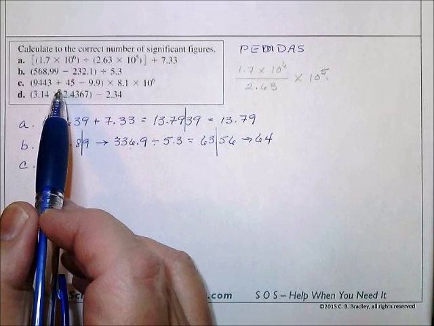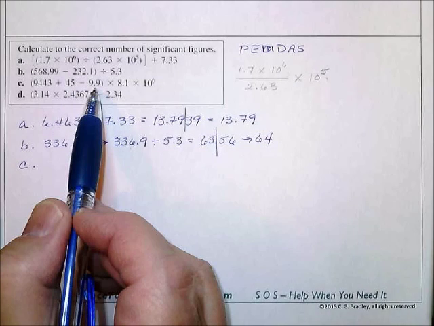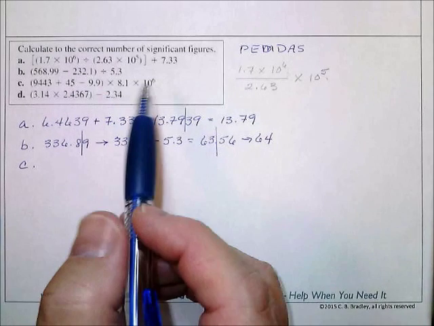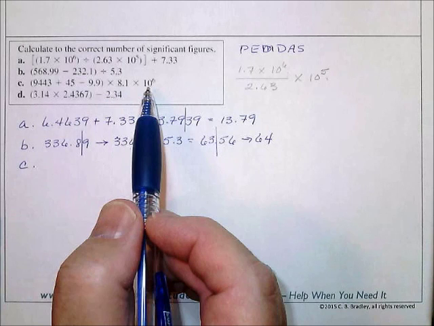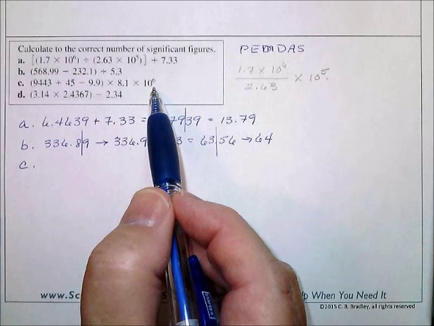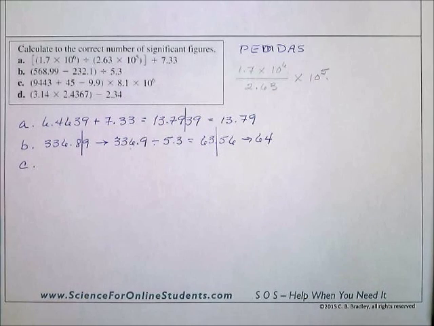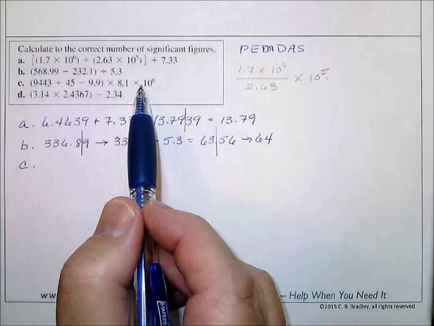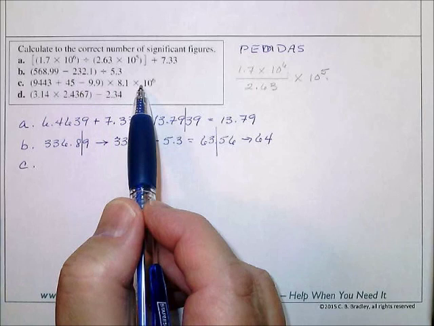94.43 plus 45 minus 9.9. Then multiply by 8.1 times 10 to the 6th. This is in basic notation. And in your graphing calculator, because this is all multiplications, we don't have to worry.